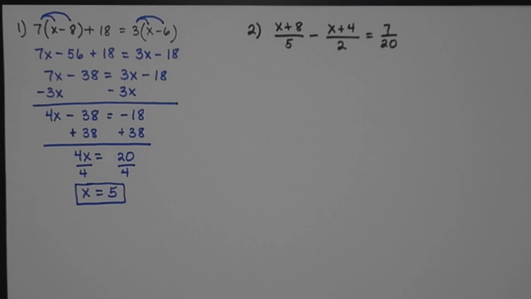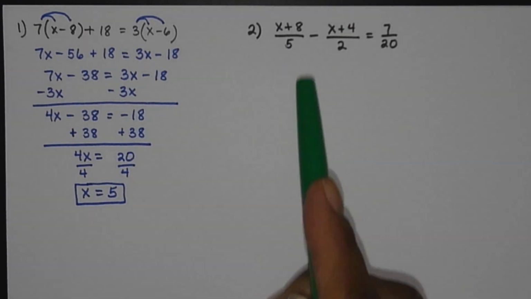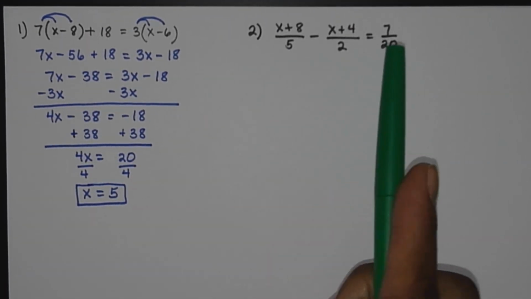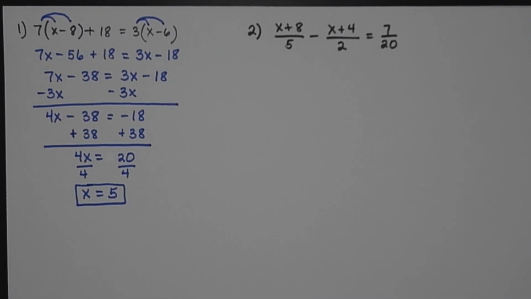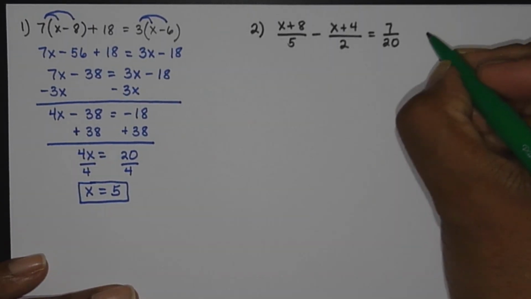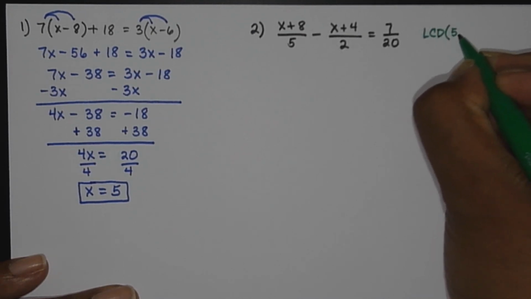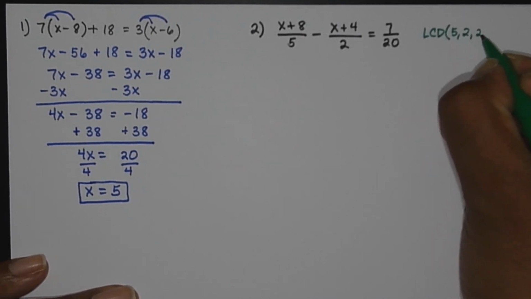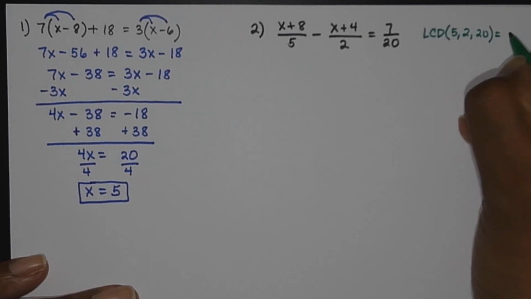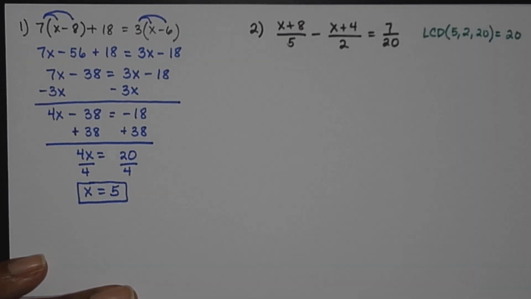All right, now in this case here, we got a 5 and a 2 and a 20 in the denominators here. So that means we need to find an LCD, or the least common denominator, for 5 and for 2 and for 20. It would be 20. So the LCD there would be 20.